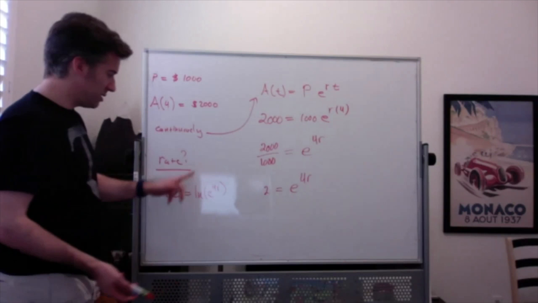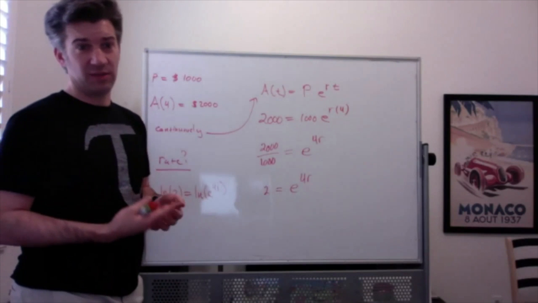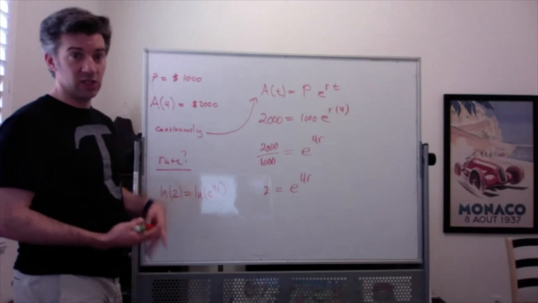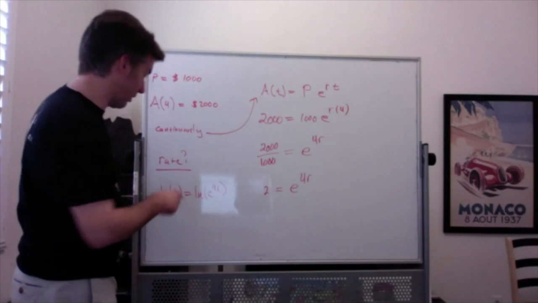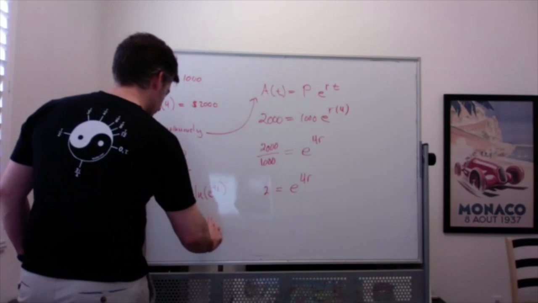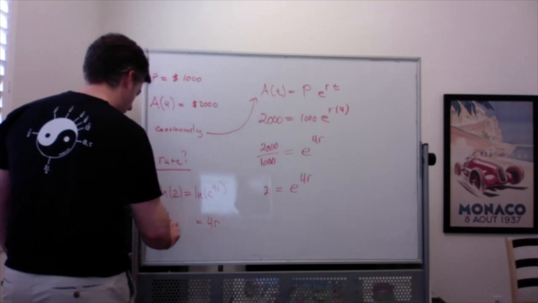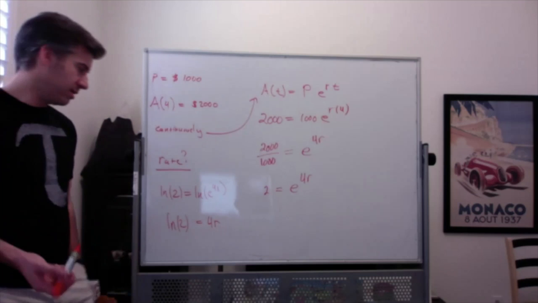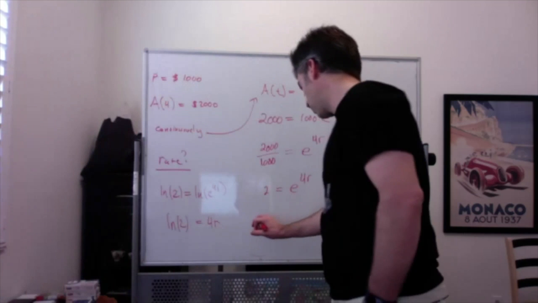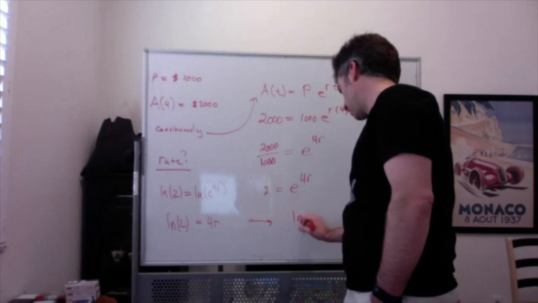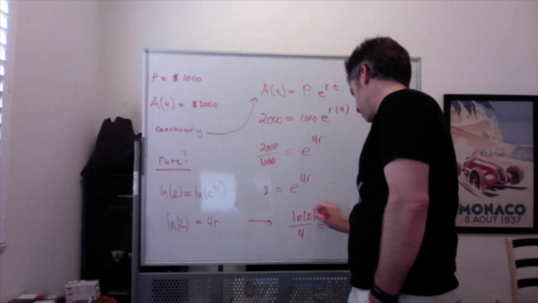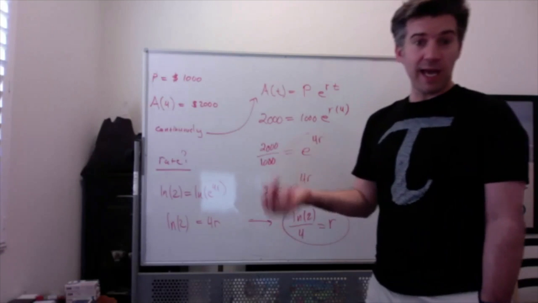And I'm just going to say this because it comes up a lot: the natural log of e to a thing is just the thing. So the natural log of e to the 4r is just 4r. So 4r equals the natural log of 2. And then solve for r by dividing both sides by 4. So the natural log of 2 divided by 4 is equal to r. That would be your exact answer.